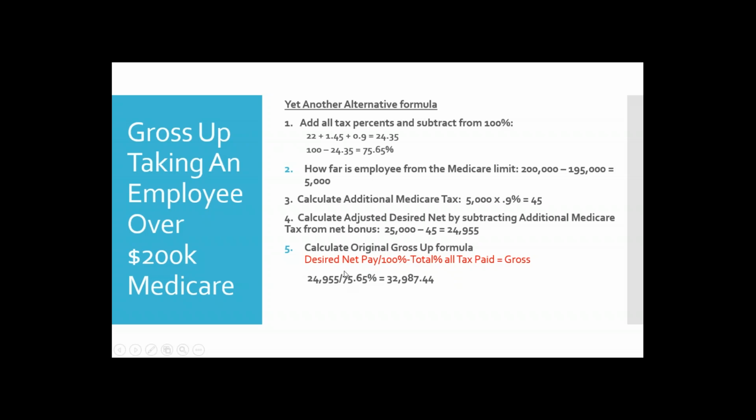Then you can use the original gross up formula that we've seen several times already, where desired net pay divided by 100% less the total percent of all taxes equals the gross. 24,955 divided by 75.65 equals $32,987.44.